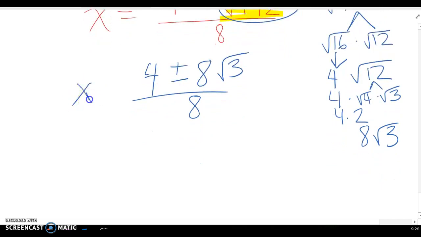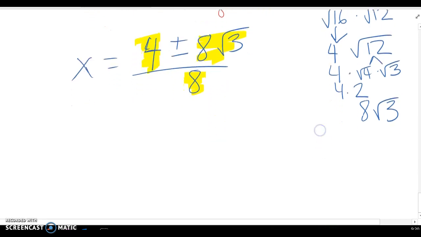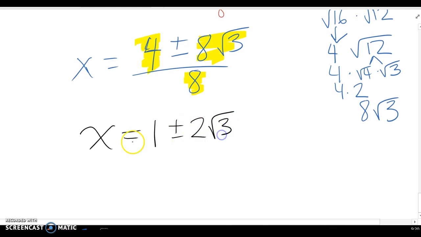Now I should notice that all three terms have a common factor and can therefore be simplified further. All three terms are divisible by 4. When I divide by 4, x is equal to 1 plus or minus 2 square root 3 divided by 2.